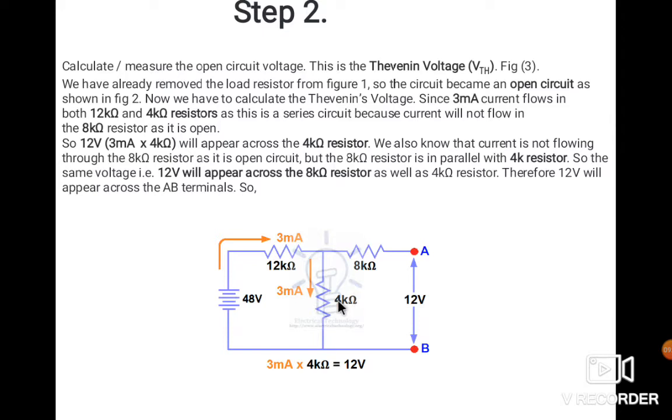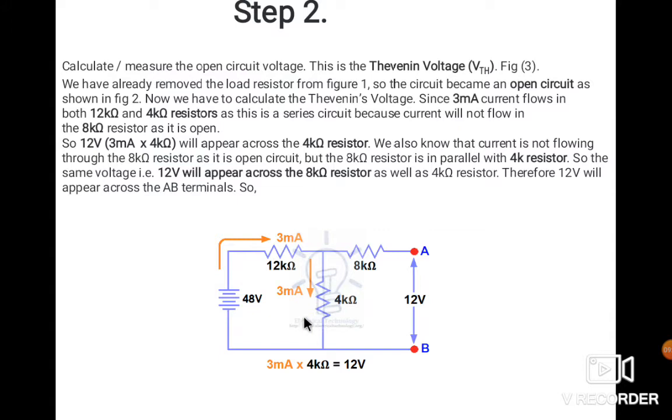Simple, V equals I times R, means 3 into 4, which is 12 volt. Milliampere and kilo ohm are there, so solve this: 3 milliampere into 4 kilo ohm, you have found 12 volt. So 12 volt is the VTH, right?